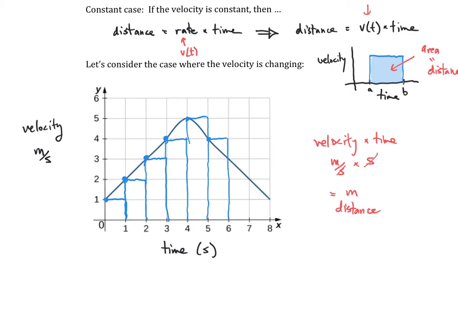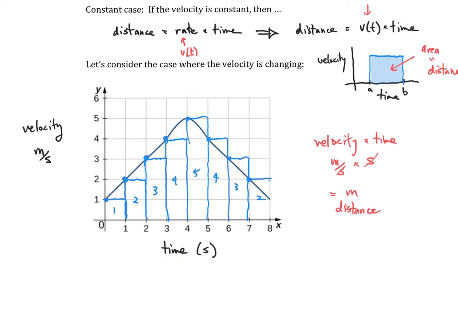My seventh rectangle is here, and my eighth rectangle is here. So remember, this is just an approximation. I can even write in the areas over here. So this has an area of 1, this is an area of 2, this is an area of 3, 4, 5. This drops back to 4, 3, and 2, right?